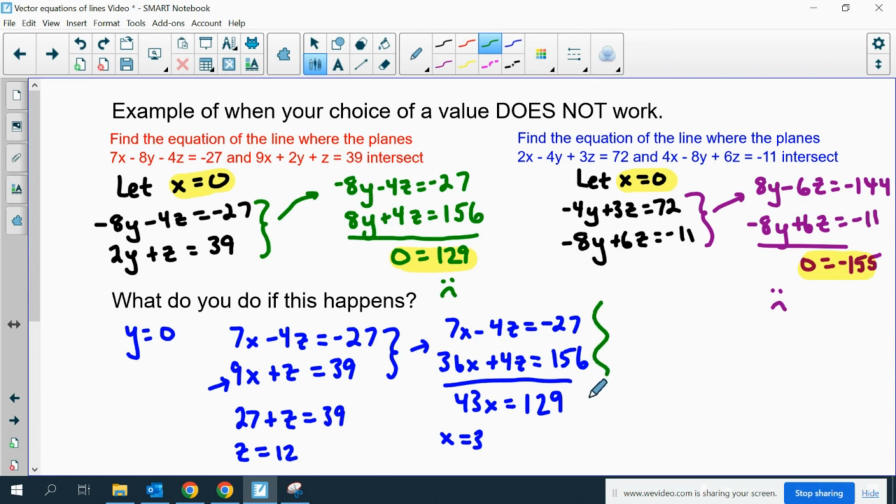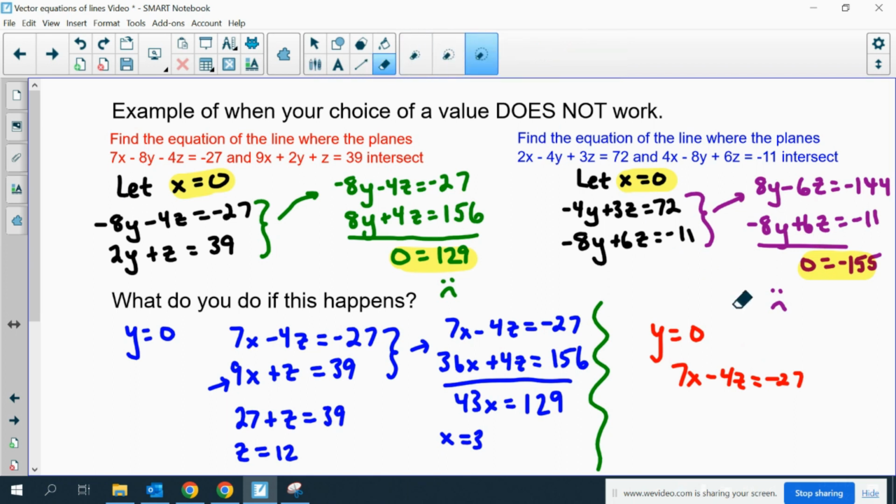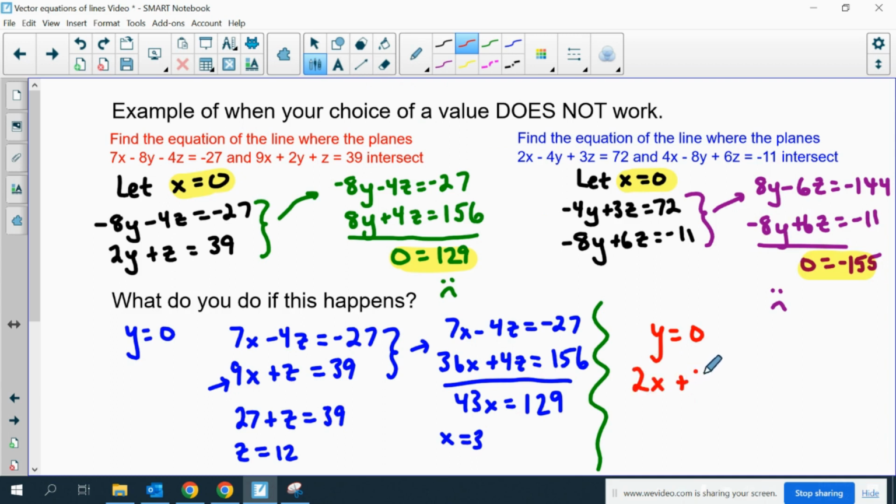Now in this one, let's try y equals 0. So I have 7x minus 4z equals negative, or I'm sorry, this problem has totally different numbers. 2x plus 3z equals 72.